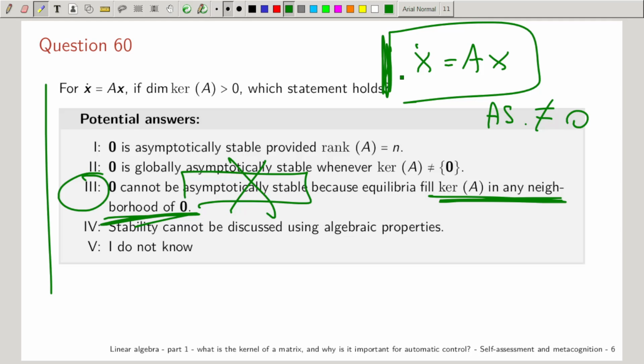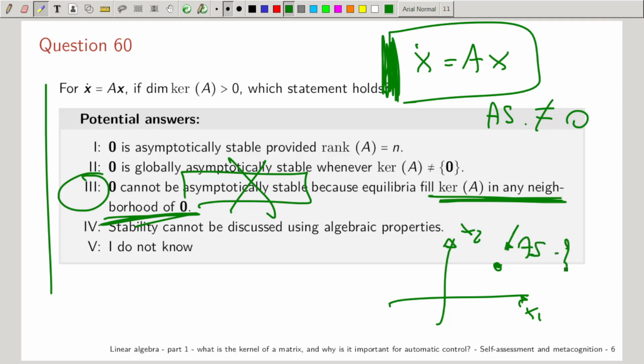Can they be asymptotically stable? Let's see if tomorrow you will have answered. Is the question clear? Can I have this point here, x1, x2, for this situation here, be asymptotically stable? Think about it. Tomorrow we see.